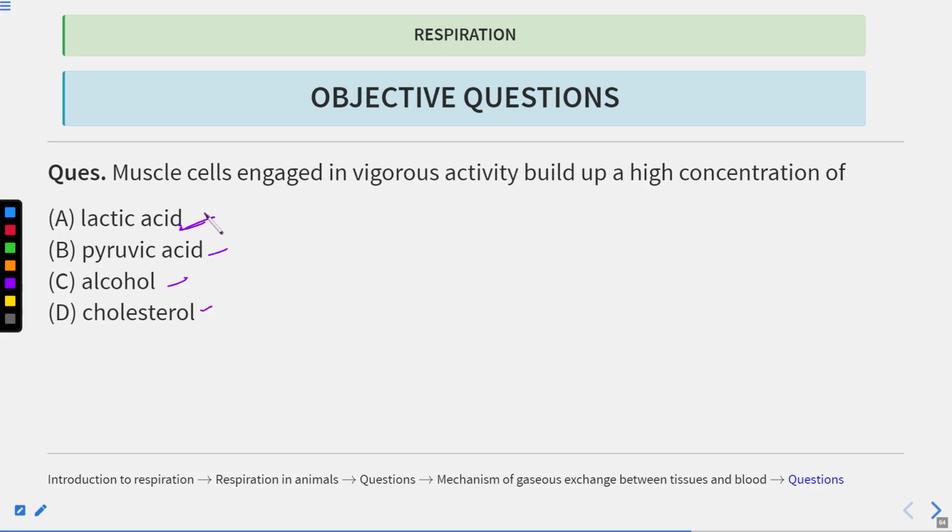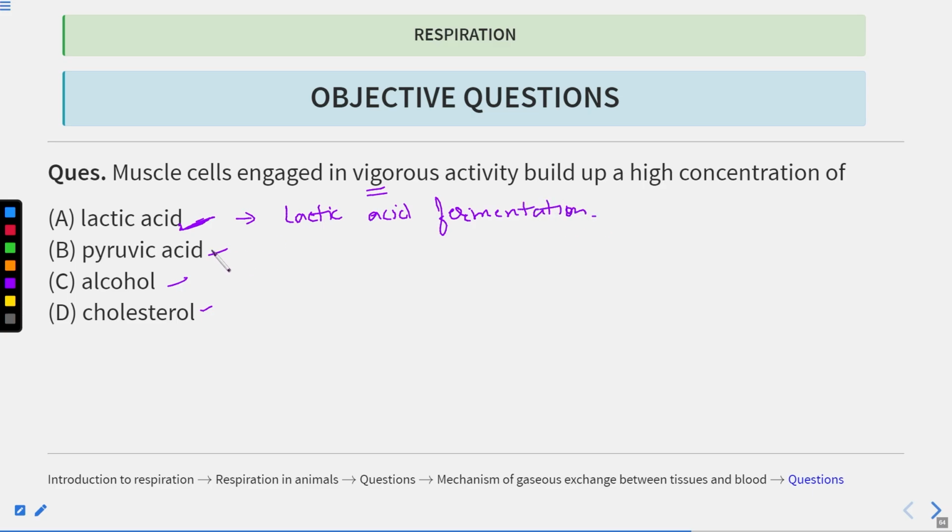So I've already shown you during the vigorous exercise there is lack of oxygen in the muscles, and because of this the pyruvic acid is converted into lactic acid. So this is a kind of anaerobic respiration known as lactic acid fermentation. So you call this process lactic acid fermentation.